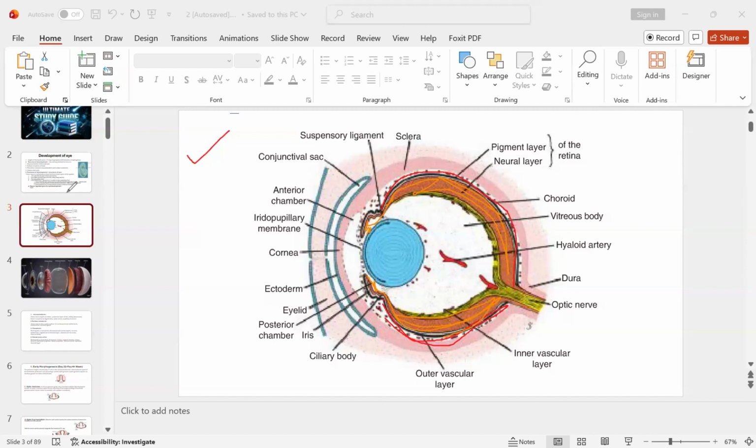As I mentioned earlier in the lecture, the neural layer of the retina is divided into anterior 1/5, which is the pars ceca retini. So this area which is facing the iris and the ciliary body is the pars ceca retini. And the posterior 4/5 of the neural layer of retina is pars optica retini. So this is pars optica retini, which is light sensitive.